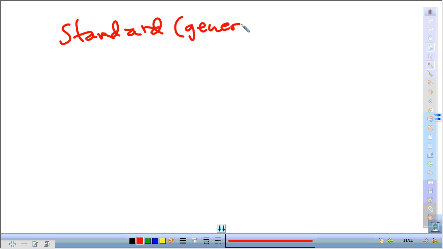Now when we look at lines, we have what you might call the standard or general form, such as 3x plus 4y equals 12.